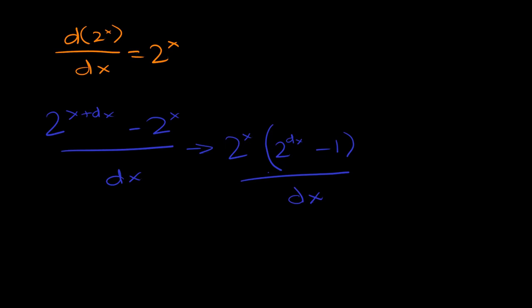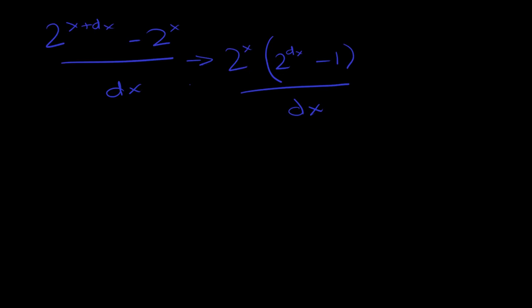Now, as we do with derivatives, we like to plug in very, very small values. So let's start off with, let's say, dx is equal to 0.0001.